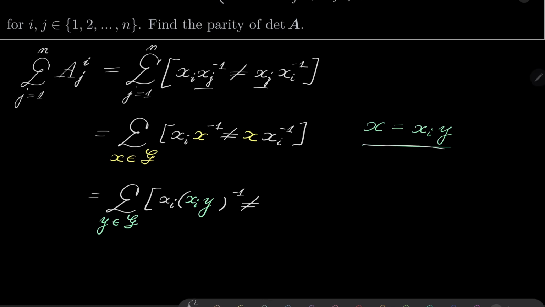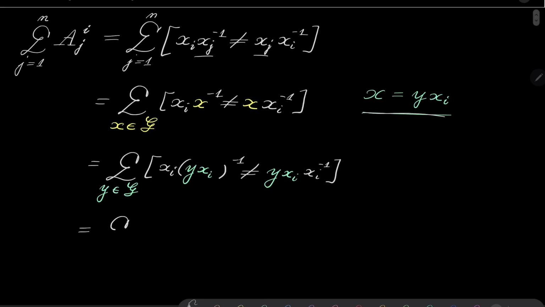Different than, and here I have, no, sorry, you know what? No. Let's do it in different order. Sorry about that. Let's put x to be y xi. But still, the same is true, which I said. And here I have y xi xi inverse. All right? So we are summing over all y in our group.